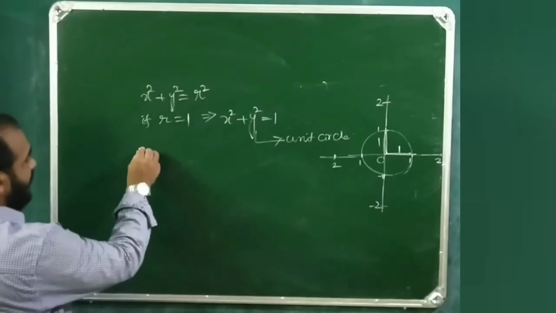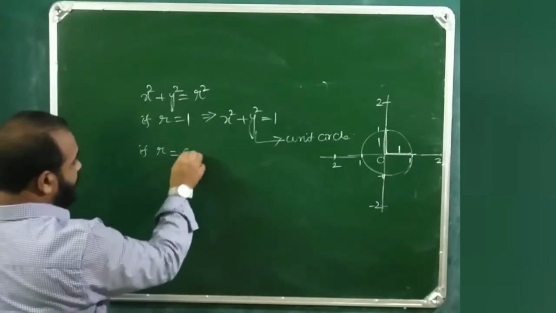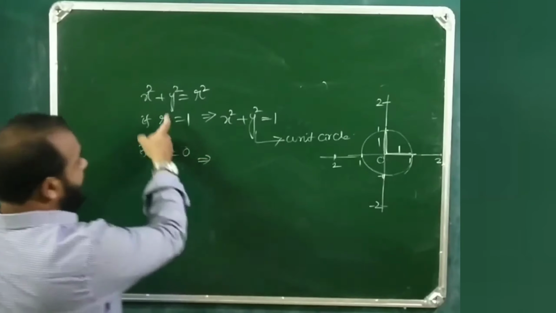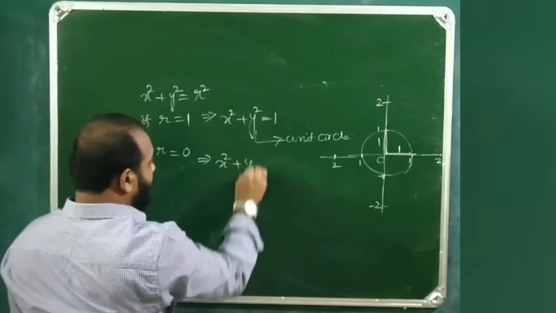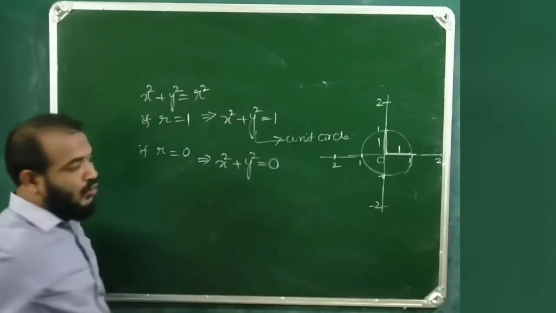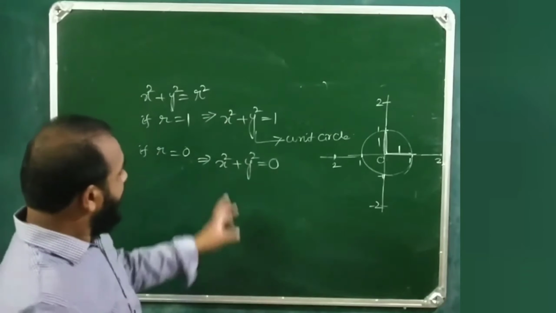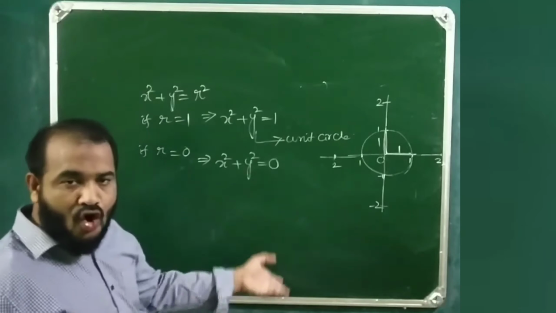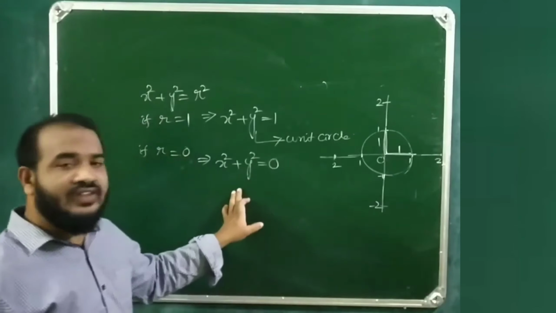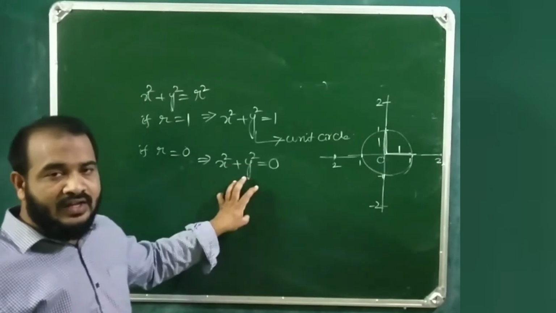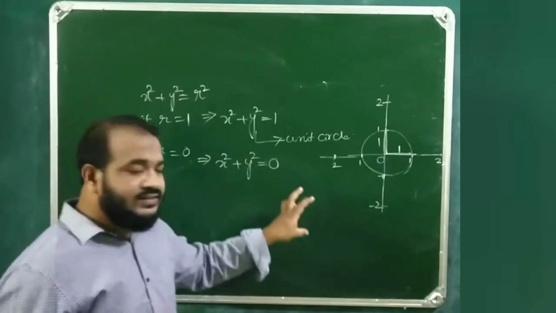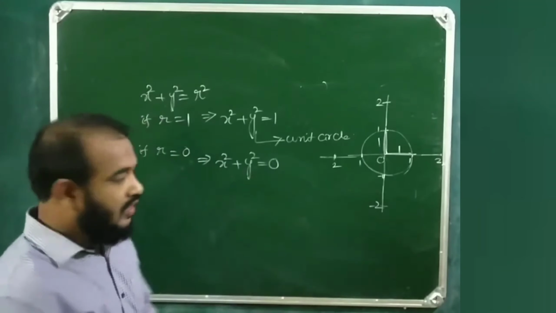And here, if r is equal to 0, then the standard equation of the circle becomes x square plus y square is equal to 0. That means x square plus y square equals 0 also represents the equation of a circle, and this circle is particularly called the point circle.